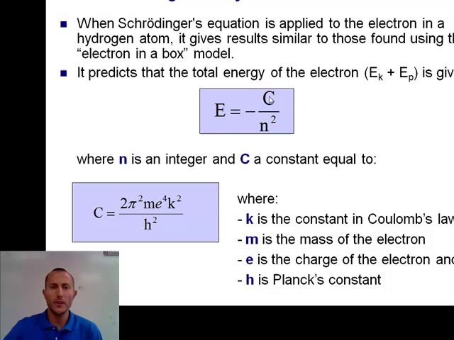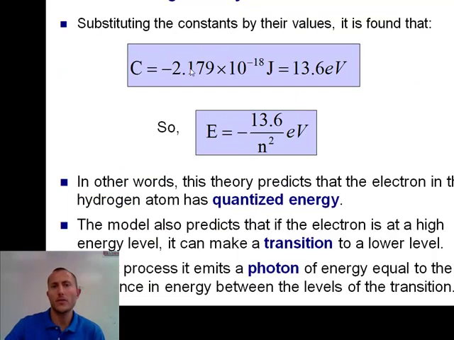And this capital C was a constant that was equal to this big long equation down here, which when calculated gave you a value of negative 2.179 times 10 to the negative 18th joules, or 13.6 electron volts. And so the energy of an electron was equal to negative 13.6 divided by n squared, where n was the quantum number, that whole number coefficient.